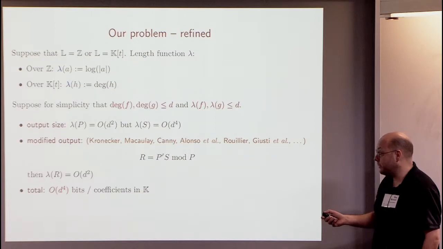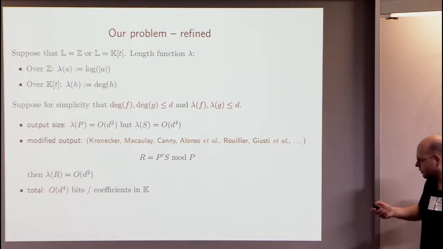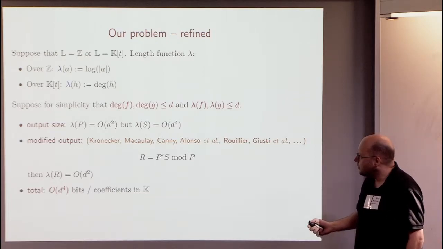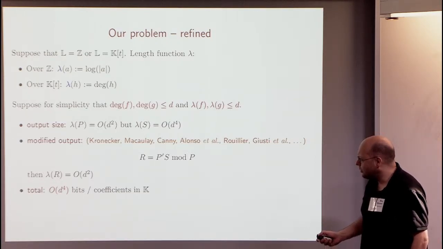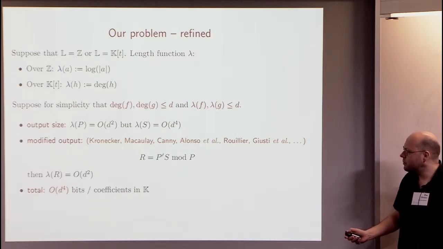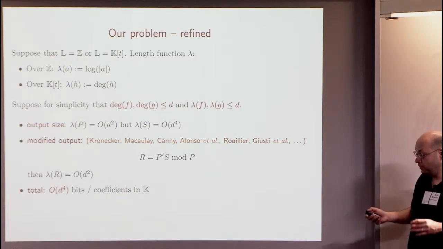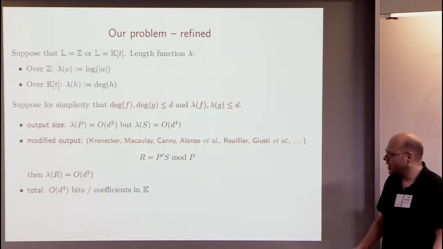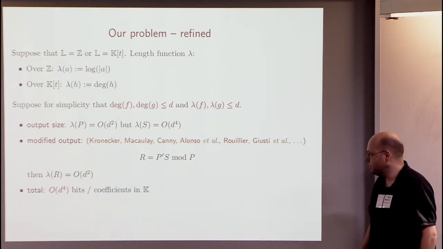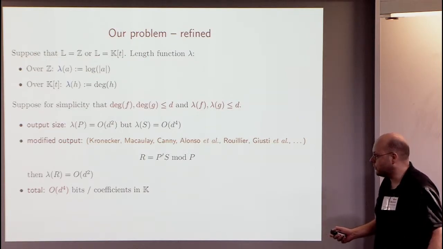So don't compute that. Compute something else that Agnes mentioned in her talk as well. Instead of computing S here, compute a twisted version of it, where you multiply it by p prime and reduce mod p. So if you know one, you know the other. And as it turns out, this one works better. Coefficients are smaller, and that's due to the way it shows up naturally from the resultant, for instance.